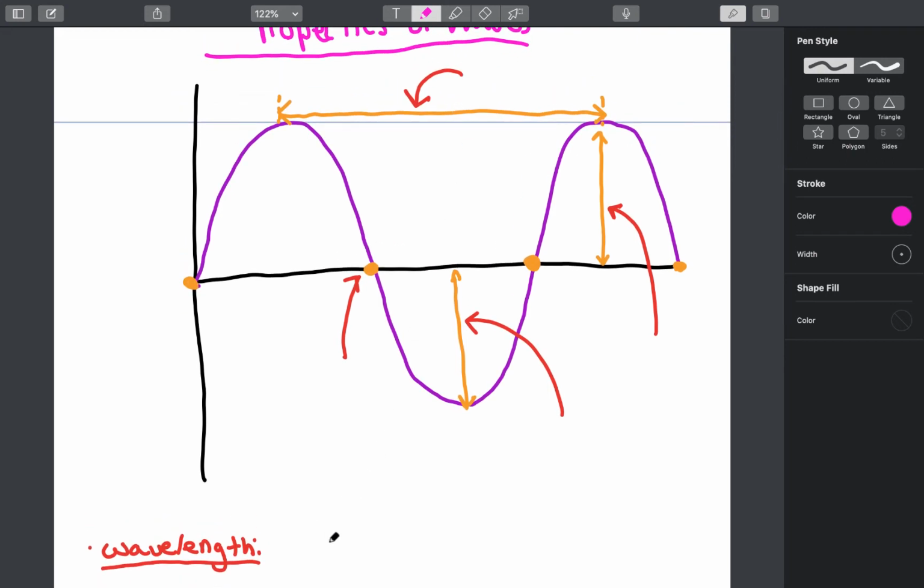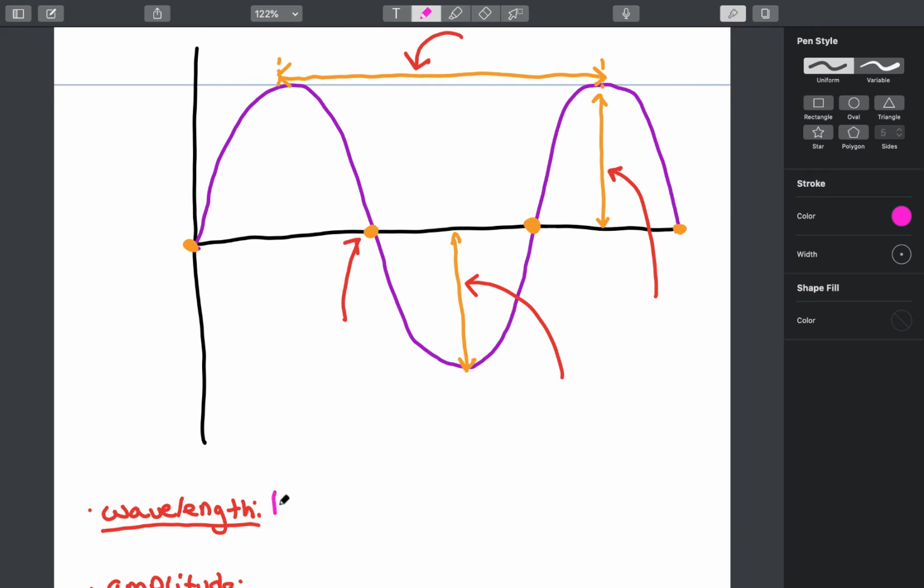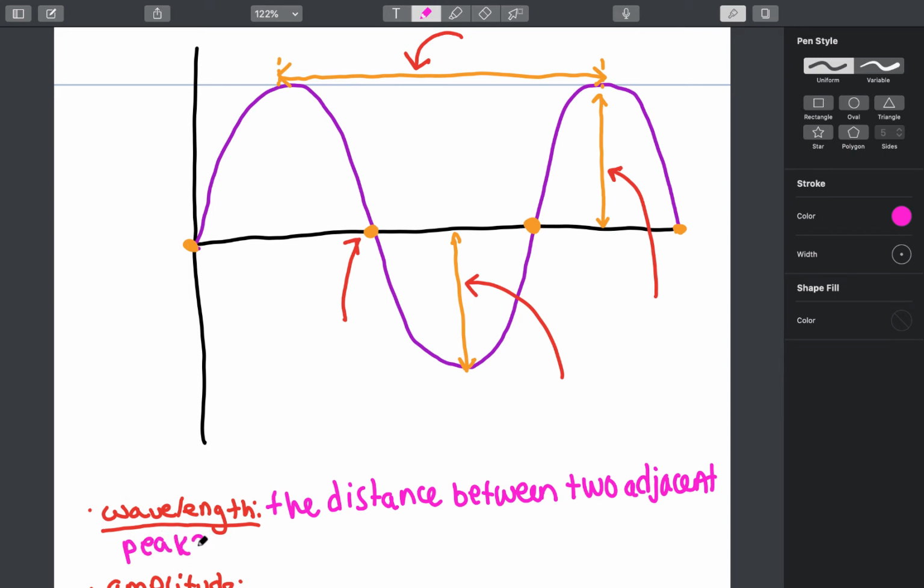So the wavelength is the distance between two adjacent peaks or two adjacent troughs.